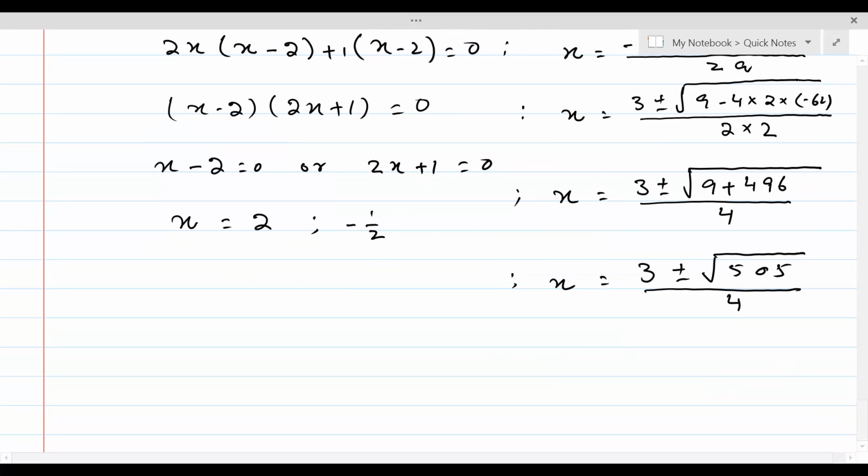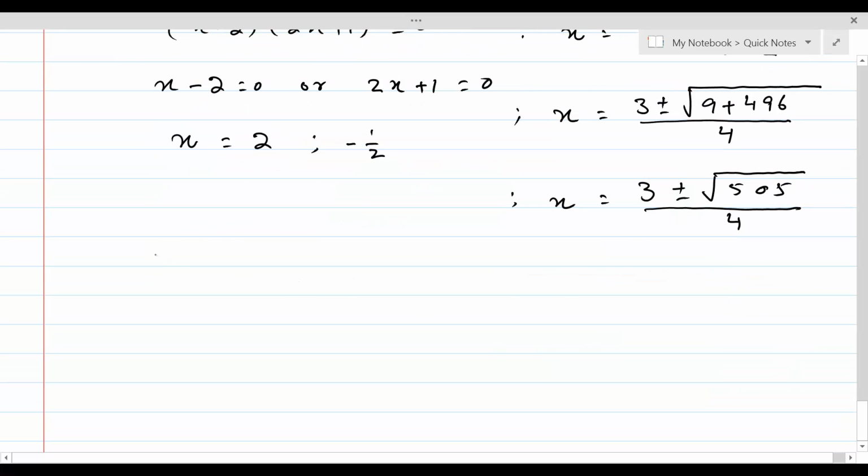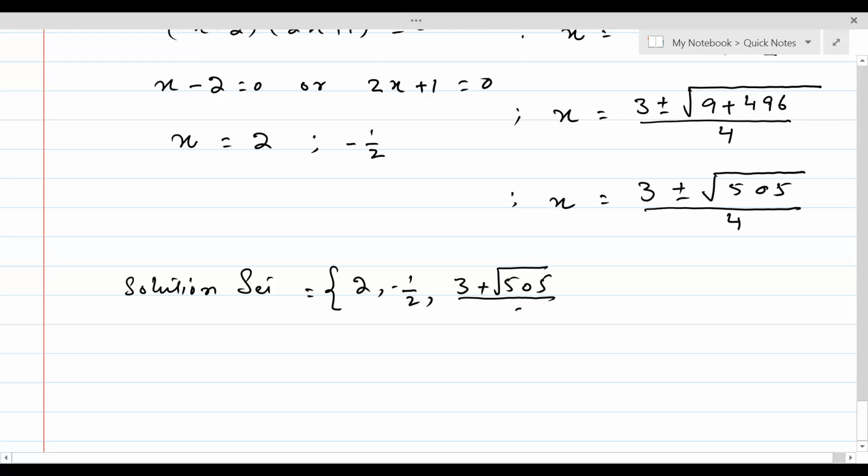So the solution set would be equal to 2, minus 1 by 2, and 3 plus square root of 505 divided by 4, and 3 minus square root of 505 divided by 4.